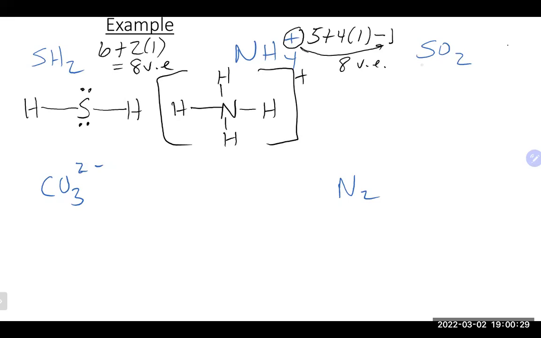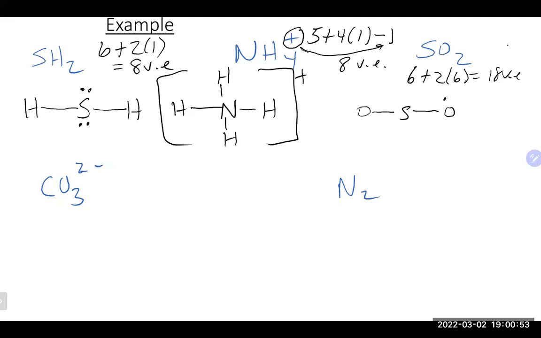Going to our SO2, sulfur is 6, oxygen 2 times 6, that is 18 valence electrons. Between sulfur and oxygen, sulfur is less electronegative, so it should go in the center, with oxygen on the outsides. Following our same path, single bonds use 4 electrons, which leaves us 14 more to go.